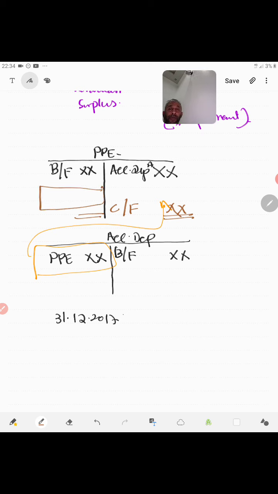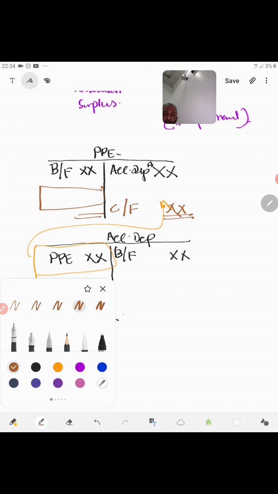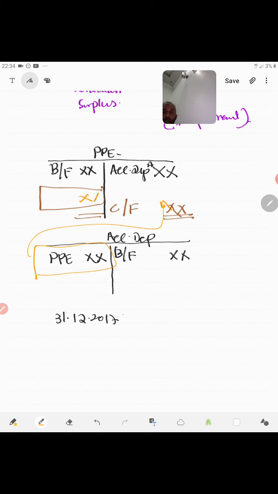Suppose this balancing figure is a surplus, we will have the answer on the debit side, and that should be taken to the revaluation surplus account, and you will bring it down.